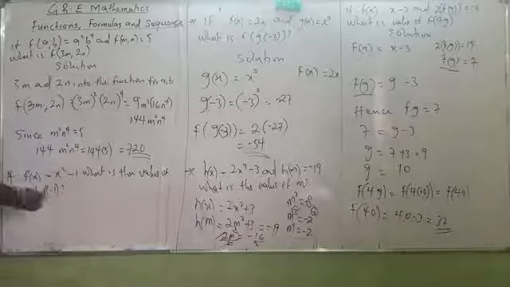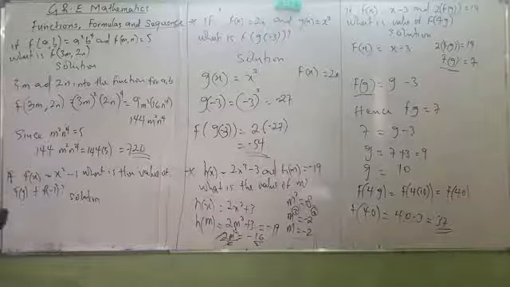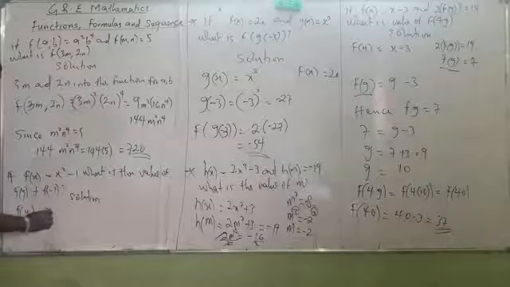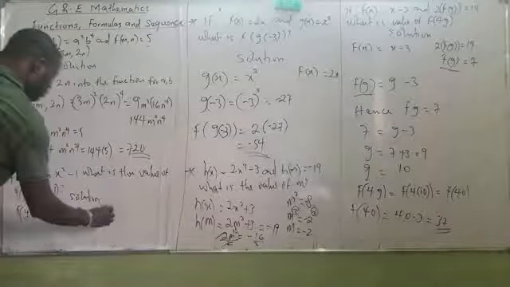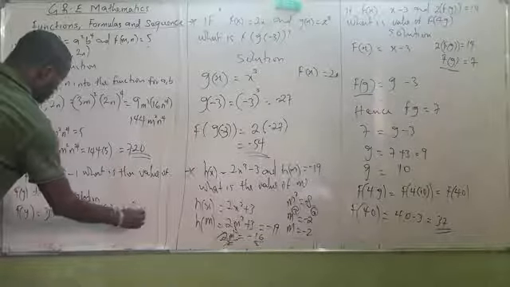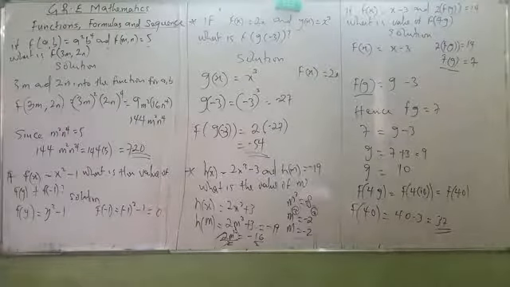The solution to this is very simple. We're told that f of y equals y squared minus 1. Now, my f of minus 1 will be equal to minus 1 squared minus 1, which is equal to 0.